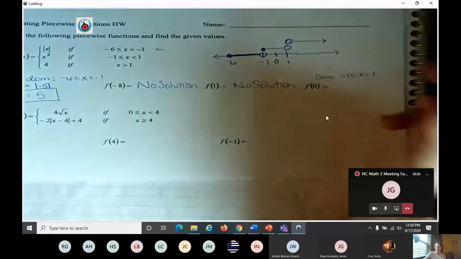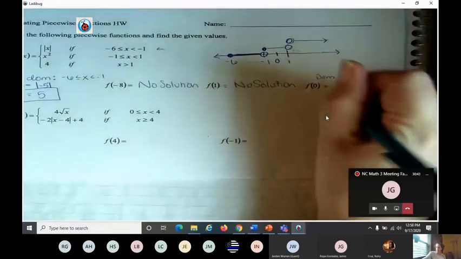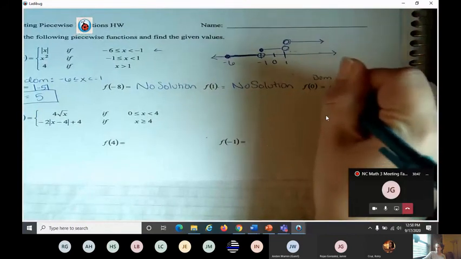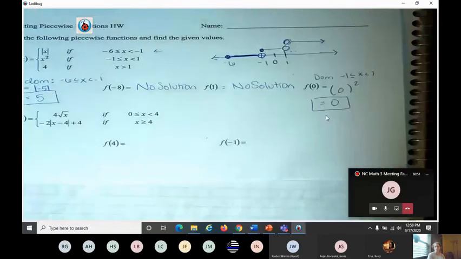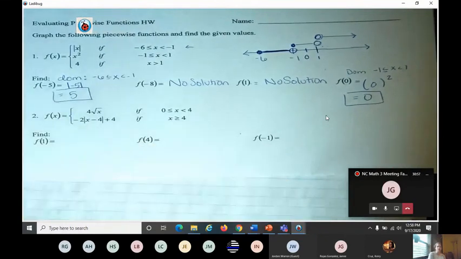And so I need to evaluate it in this function, the x squared function. So I'm going to have my value here squared, and 0 squared is just 0. So my solution here should be 0. Okay, so that's the first example with evaluating piecewise functions. What questions do you guys have about that?